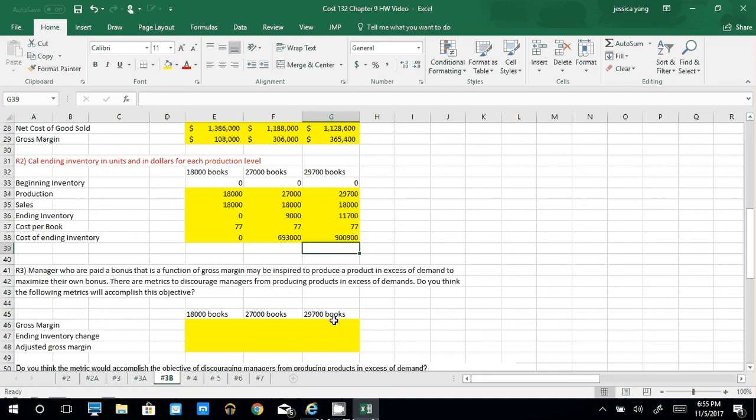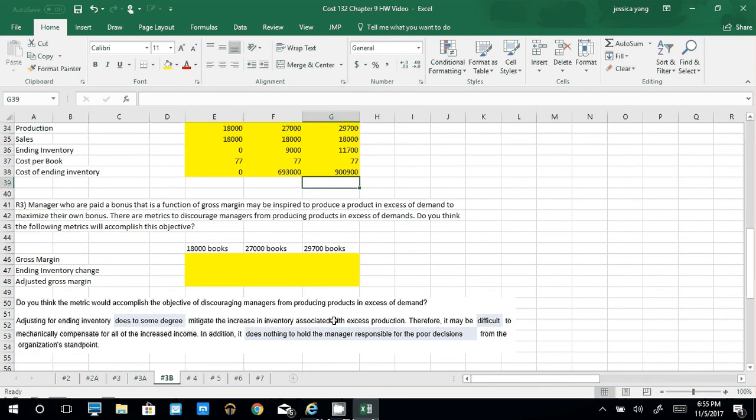Do you think the following metric will accomplish this objective? So for the gross margin and any inventory changes in adjusted gross margin, I've set up my template with the 18,000 books, the 27,000 books, the 29,700 books.